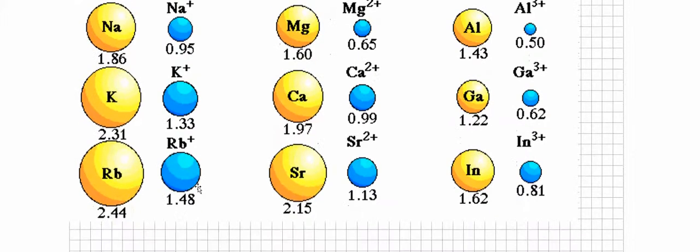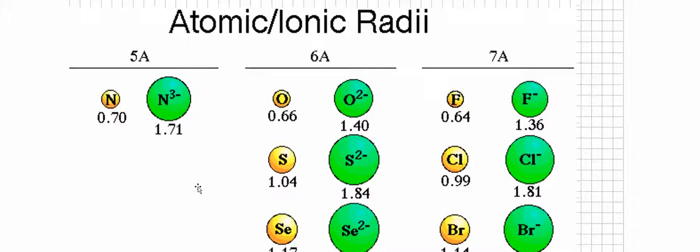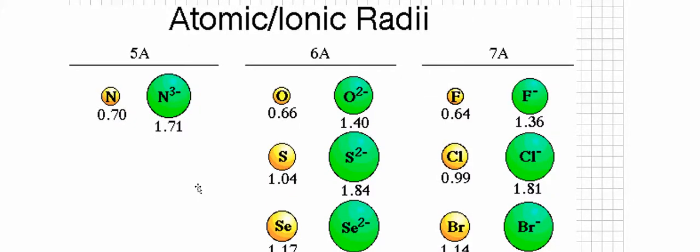And then let's go to the other side of the periodic table. The ionic radius size increases because I'm adding electrons to atoms for them to become anions on the right side of the periodic table. So on the right side, ions are bigger than the atoms from which they came. On the left side, they are smaller.